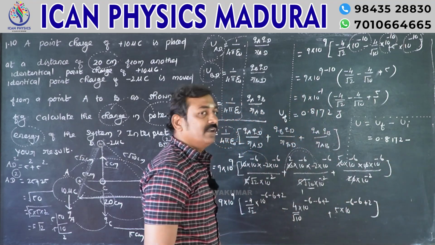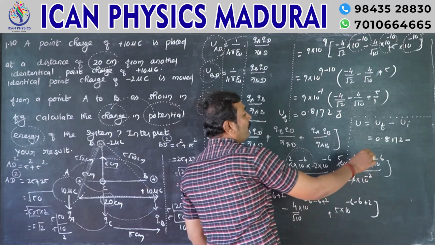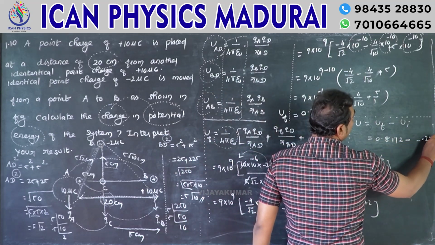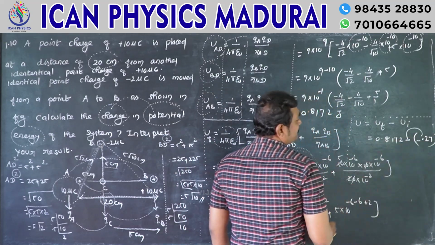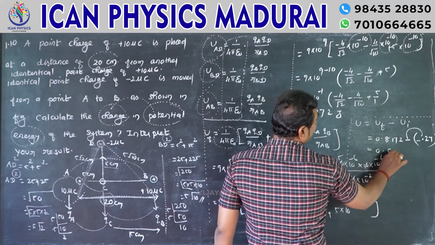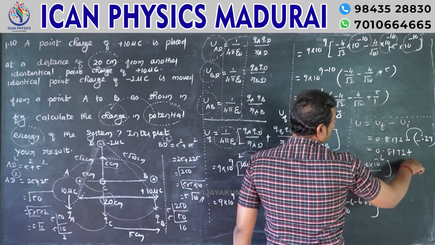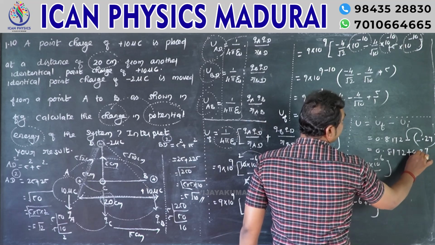minus initial. So already what we calculated? Minus 0.27. Minus minus becomes plus. 0.8172 plus 0.27.